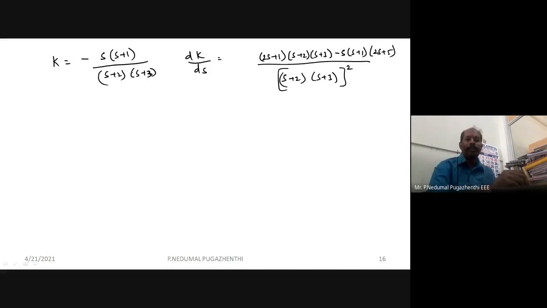If you take the u by v formula, v du minus u dv divided by v squared. You know that formula, I hope so. So if you apply that, this is going to be there.